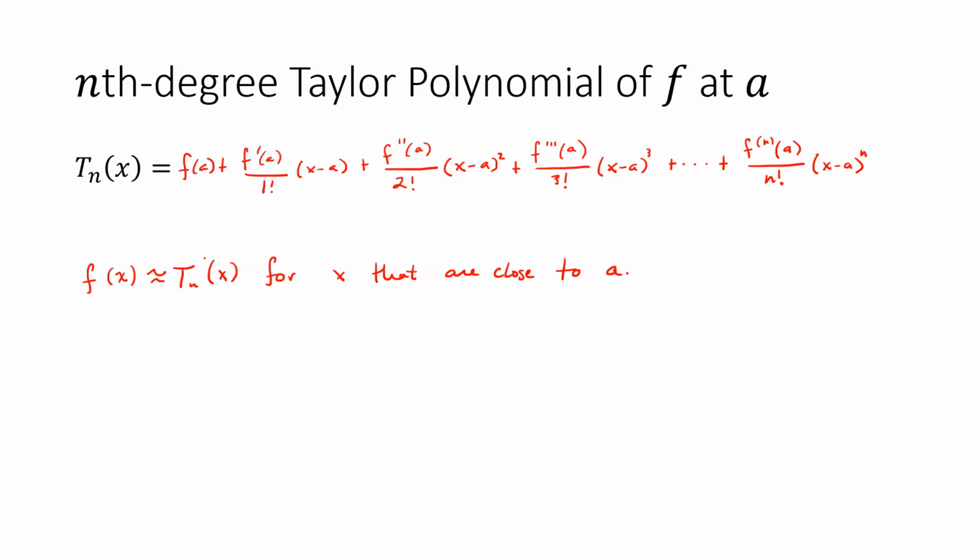We saw that in general the limit as n goes to infinity of Tn will converge to the function values of f of x, given that the Taylor polynomial Tn is an accurate representation of the function values of f.